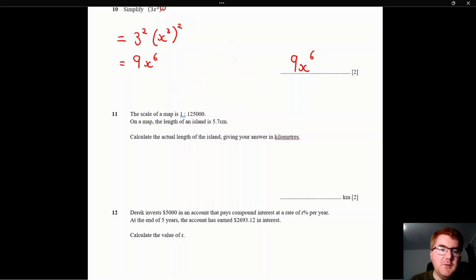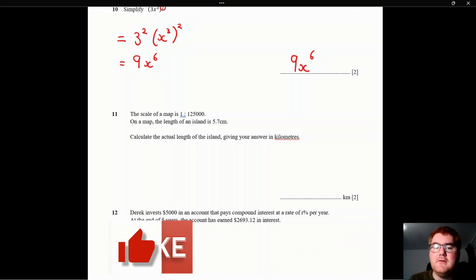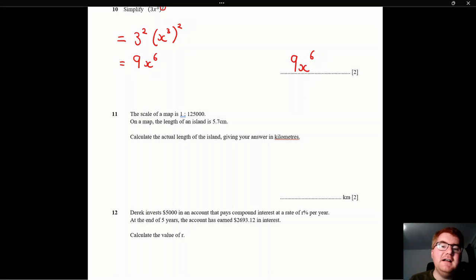Right, on to this one here. So the scale of the map is given as 1 to 125,000. And on the map, the length of an island is 5.7 centimeters. And we need to find the actual length of the island, again, giving our answers in kilometers. So what does this scale actually mean here? Well, we have 1 centimeter to 125,000 centimeters in real life.